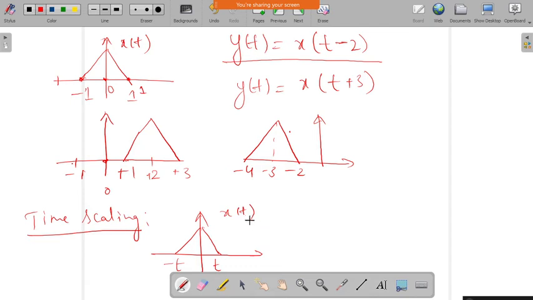Now time scaling means we have to scale this by the value a. This is what we are scaling the time scale.